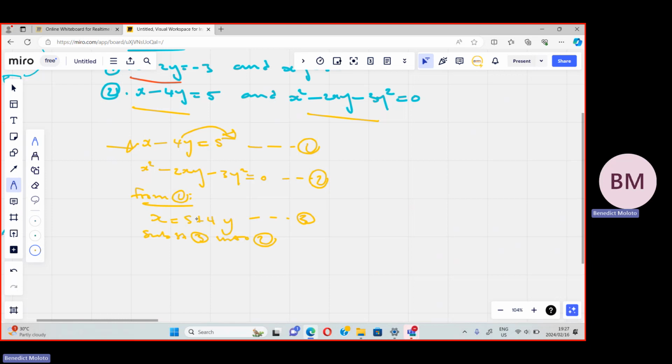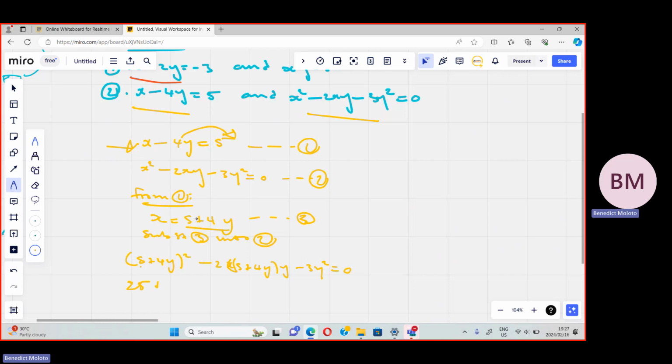Then we're going to substitute this value where there's x. Then we first have (5 plus 4y) squared minus 2x. I mean, where is x? It is (5 plus 4y) again, multiplied by y, minus 3y squared equals 0. Then 5 multiplied by 5 is 25, right?